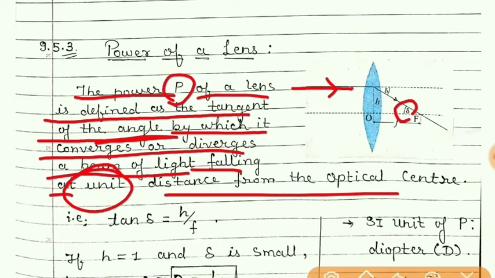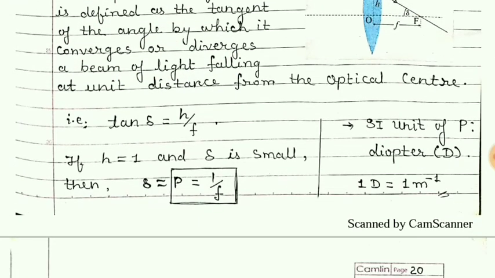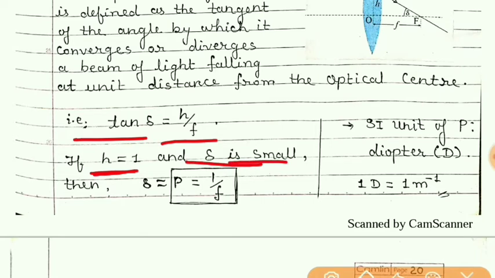Unit distance from the optical center means from this point O to the point at which the ray is incident. And so tan delta is h upon f. If we take h equal to 1, and as delta is very small, we get delta is equal to 1 upon f, but delta is nothing but power.